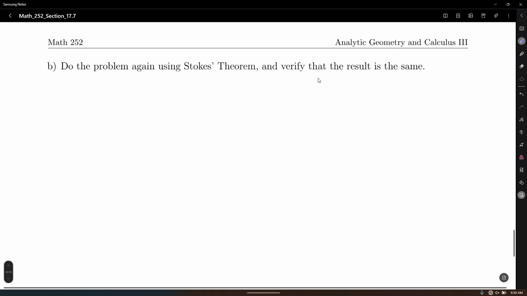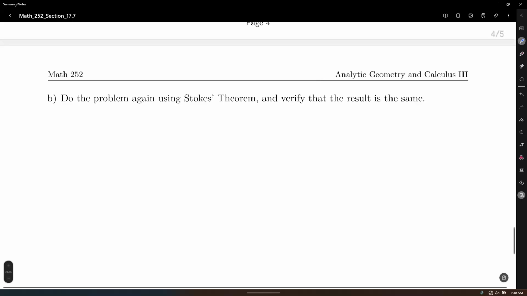All right, number one. Let's recall what our driving force is. That is big F, that is z minus y, x, negative x. Well, in this case, for Stokes' theorem, we need to work with the surface. And the surface is given in the form of the equation of a sphere given by x squared plus y squared plus z squared equals 4.